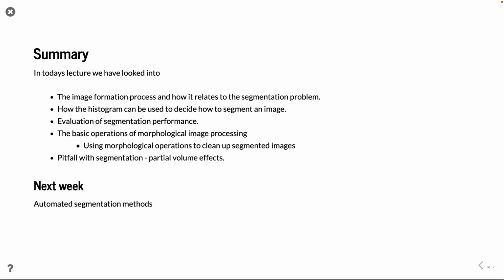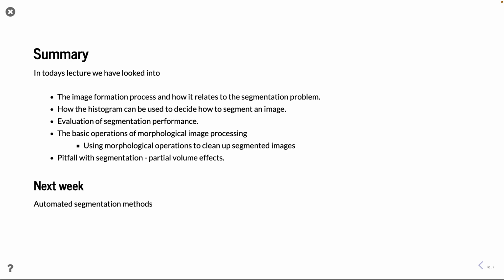Today, in the second part, and actually the whole day, we looked at the image formation process, how images are formed, and also how we can use the histogram for finding a basic threshold. The evaluation of the performance is something you should always build into your workflow, making sure that it actually does what you want, and seeing if you need to improve somewhere and what kind of improvement you can do. You can apply filters to make the histogram easier to handle.